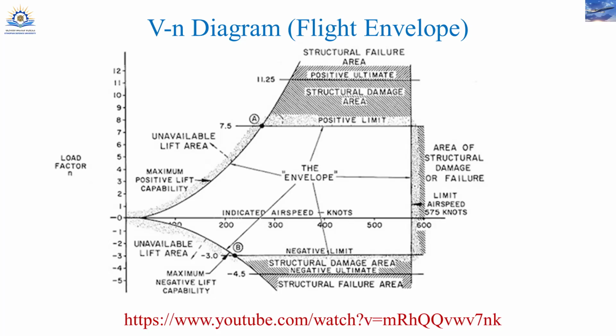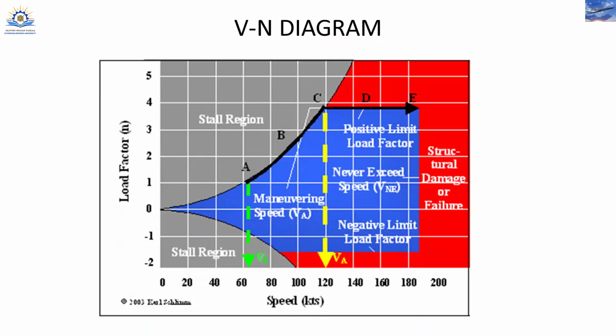So that is the VN diagram. You see, this is the stall region, the positive stall region and the negative stall region here. Vs is determined here at point A, the stall point. This is the maneuvering speed, and this is the limiting load region.